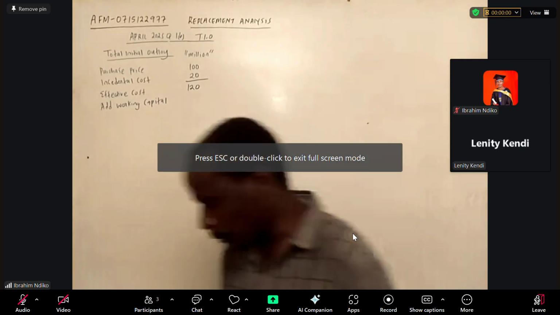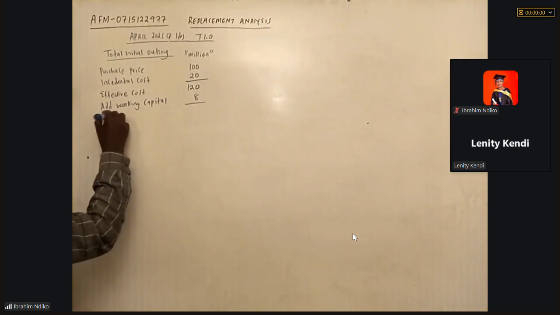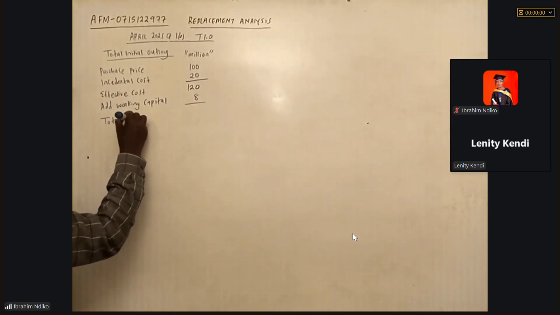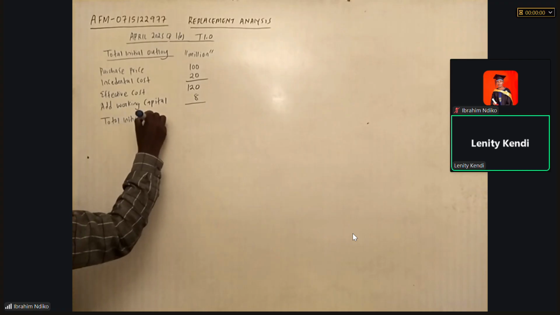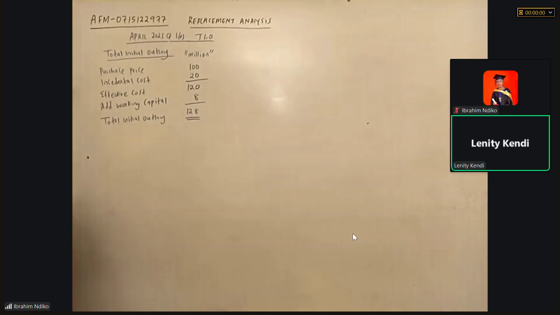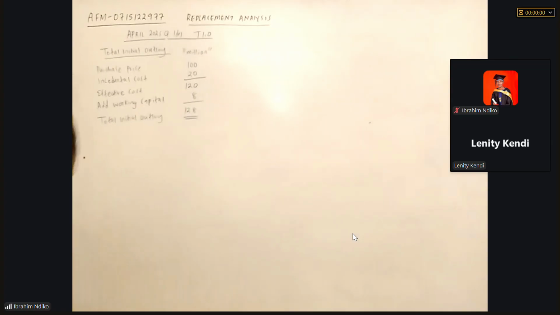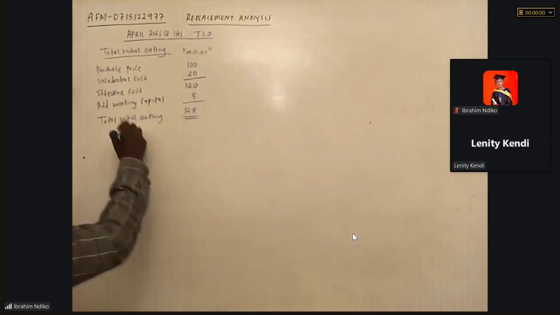We do not have the other thing because it's not about replacement. So our total initial outlay will be 128. But if it was a replacement, we could have done something to do with the gain or loss on tax, the recapture. Then we would also be left with the market value of the machine.